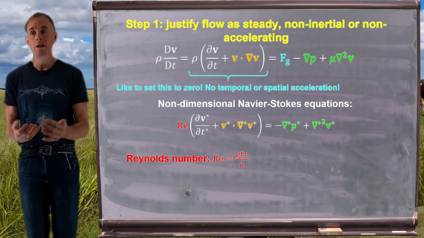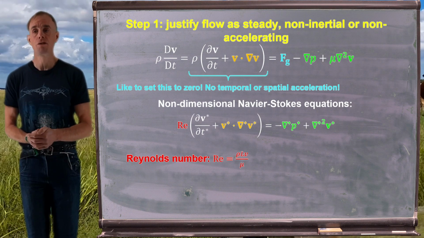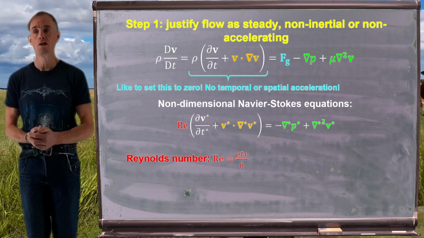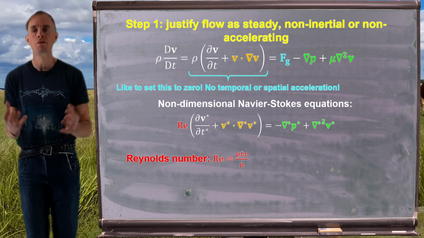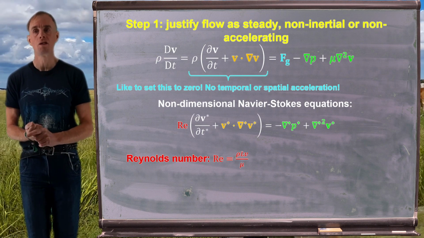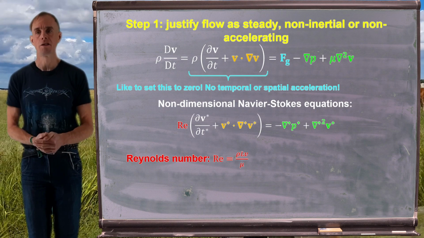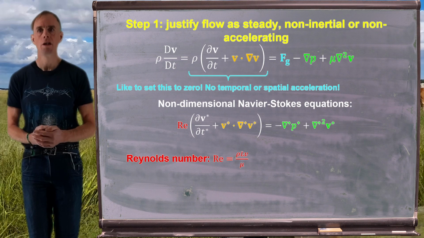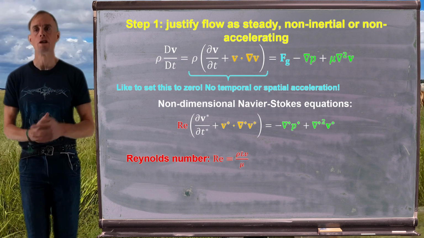The way you do it is to identify groups of terms that have units similar to the parameters in the Navier-Stokes equations. So, for example, you'd find a group of terms that has units meters per second and divide all your velocities by that. You'd find groups of terms that have units of Pascal, i.e. pressure, and divide your pressure terms by that.